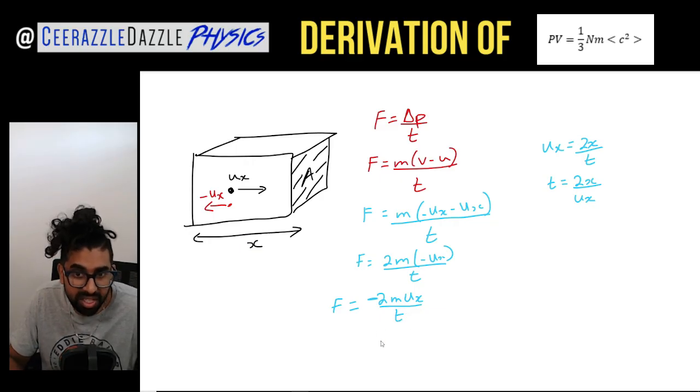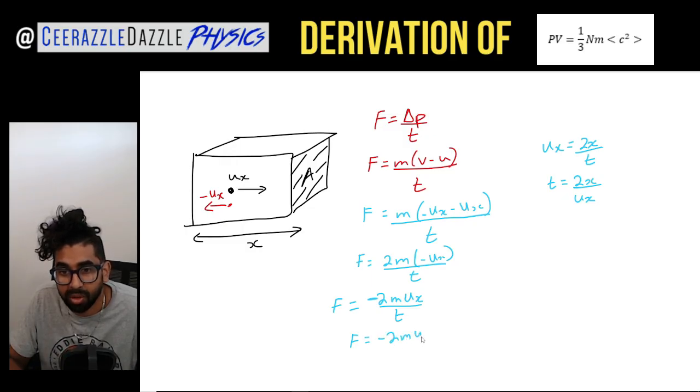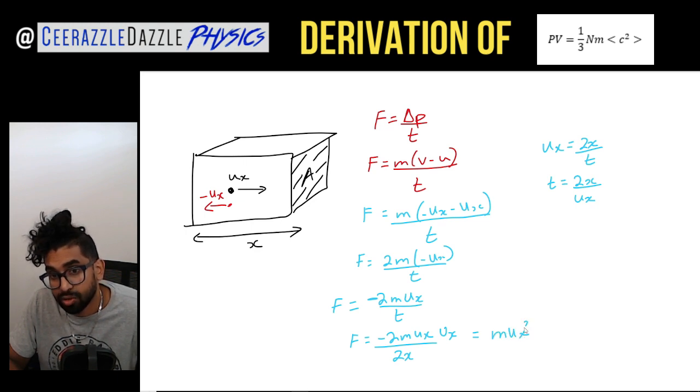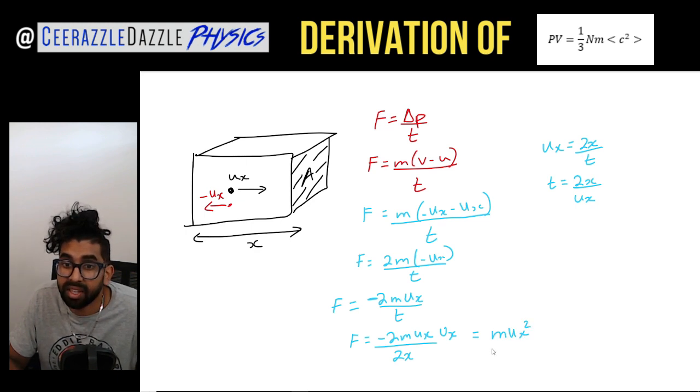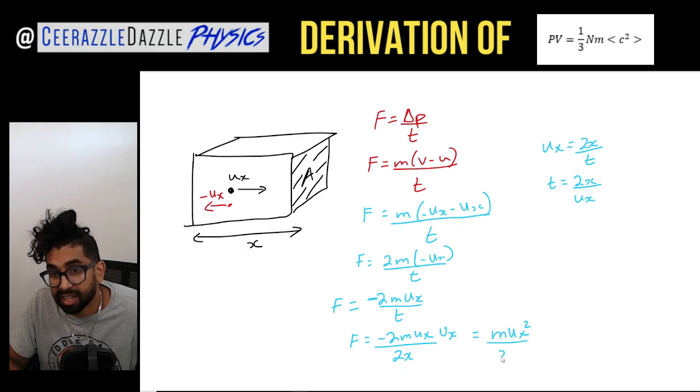Replacing t in this equation, F is equal to minus 2mux divided by 2x, so the 2x goes at the bottom and the ux goes on top. Therefore, the 2 cancels out at the bottom. It becomes mux squared divided by x, that distance.